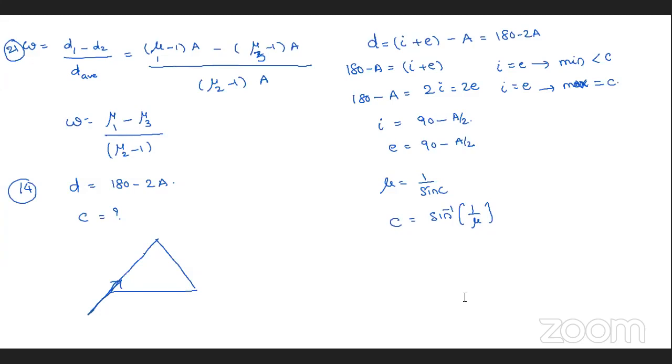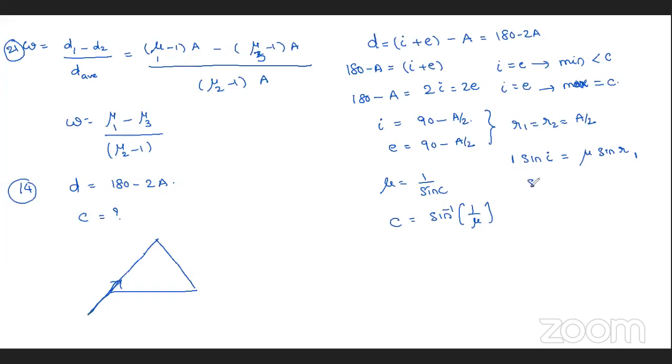Here R1 and R2 are each A by 2. R1, R2, A by 2. Very good. In these two cases R1 equals R2, and each is equal to A by 2. Then in this case, if we apply Snell's law, sin I is equal to mu into sin R. Correct? Yes sir.